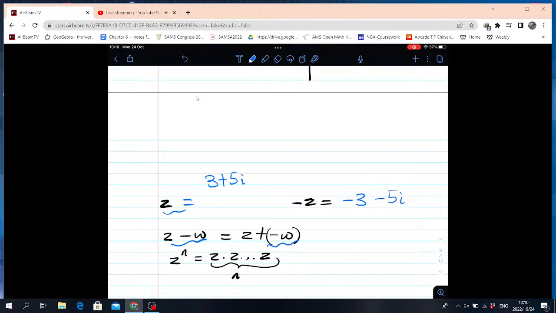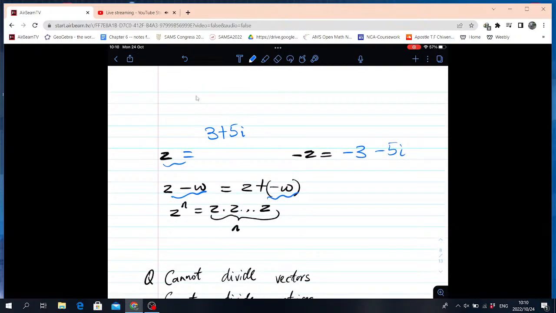And if you've got Z to the power N, you are going to have to multiply Z, the complex number Z, N times, right? So that's just some notation there.